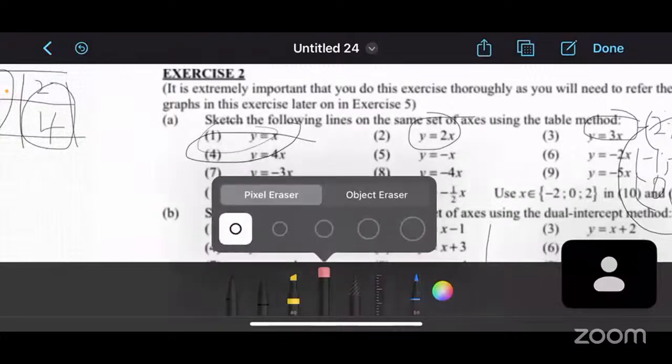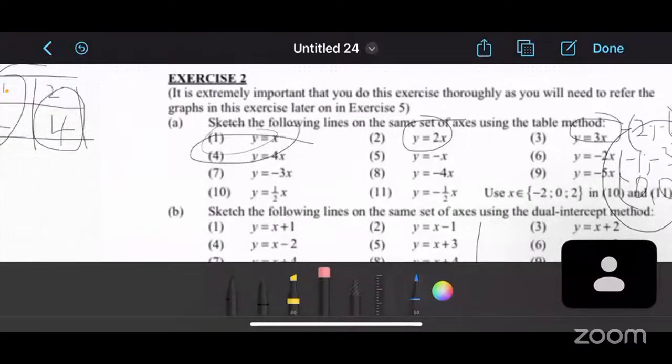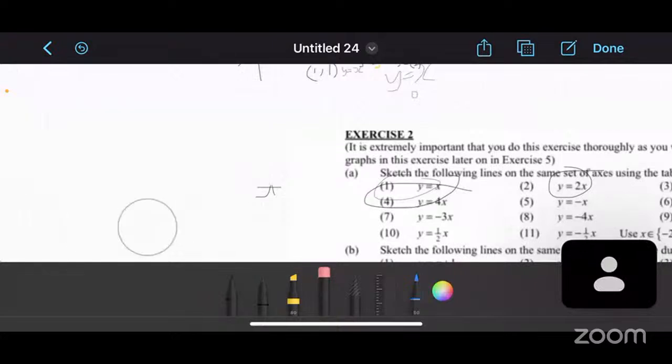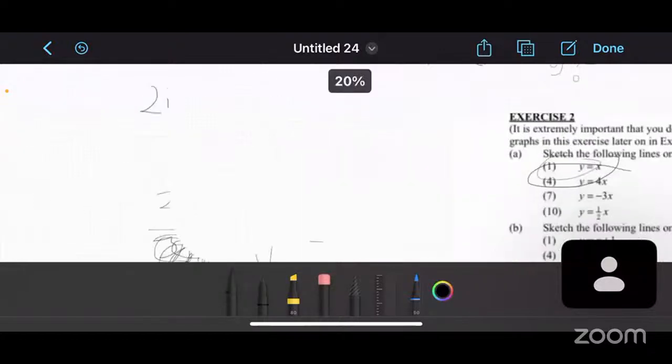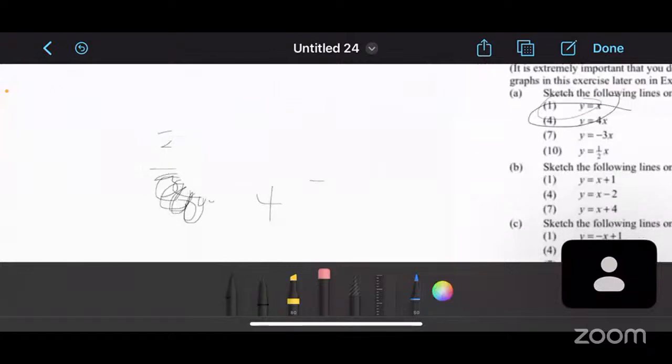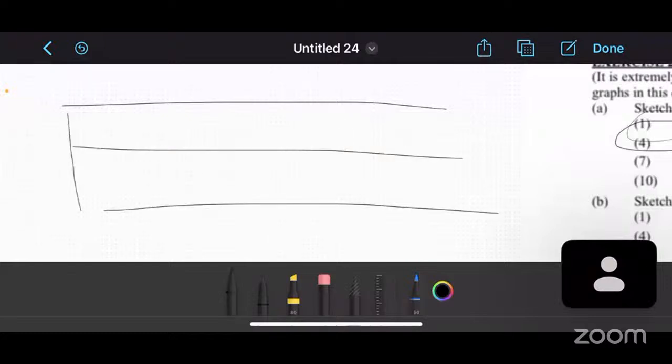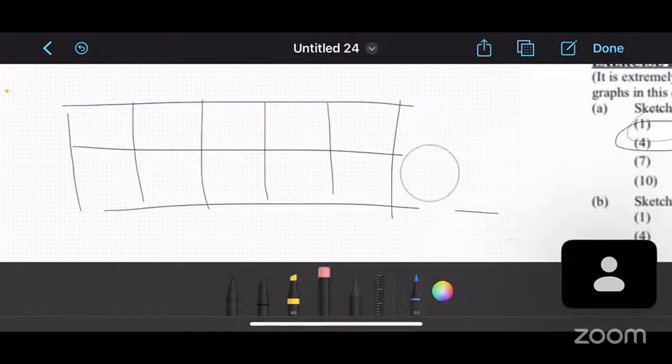We are going to draw a table with x for the top one and y for the bottom one. And then we're going to write negative... Sorry, ma'am, I can't see the question.